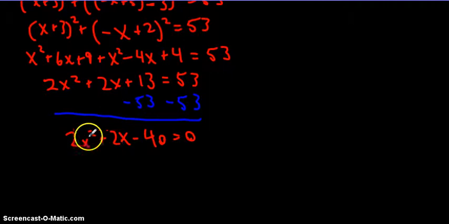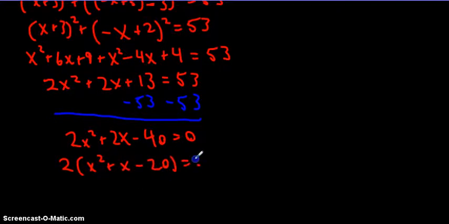We can factor this. It has a GCF of 2. So that's 2 times (x squared plus x minus 20) equals 0. Looking for two factors of negative 20 that add up to positive 1, which would be x plus 5 and x minus 4 equals 0.